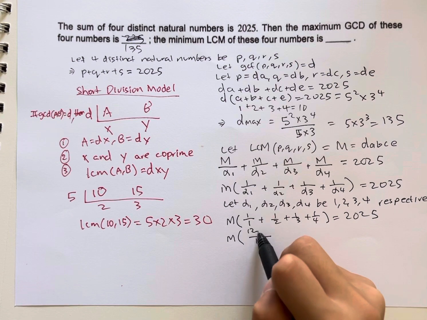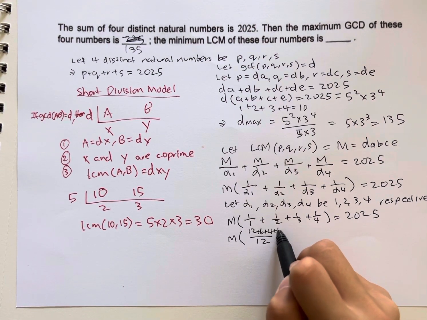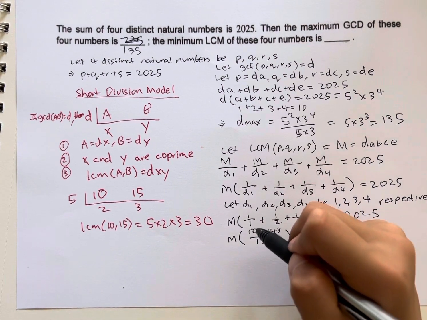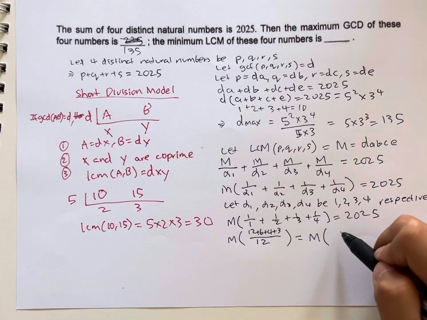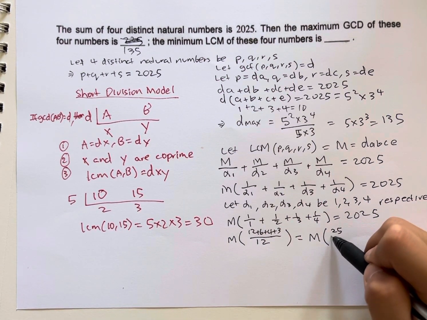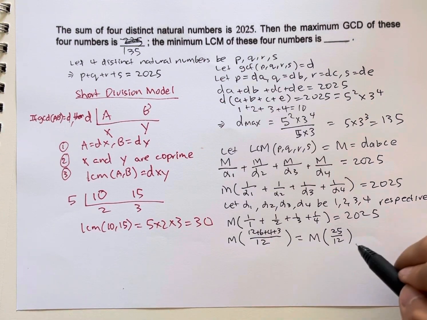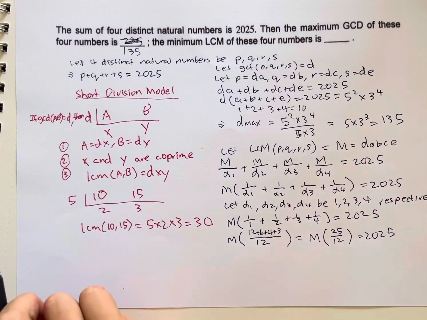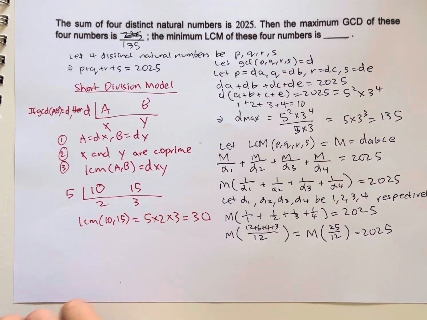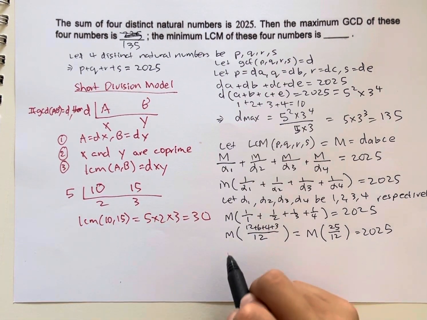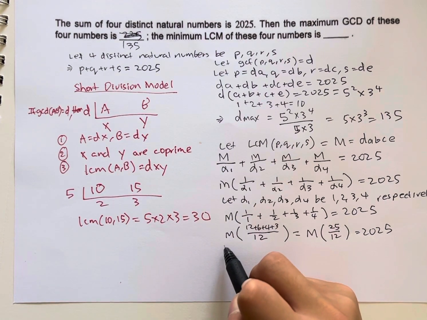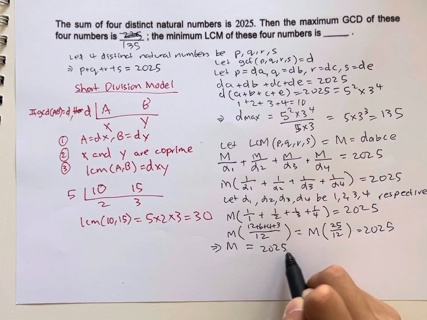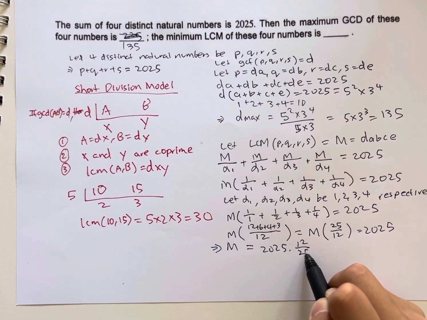So 12 plus 6 plus 4 plus 3 will equal 25, so M times 25 over 12 equals 2025. And luckily for us, this one will work. Sometimes if this doesn't work, you have to go to the next biggest one, but luckily this one works.